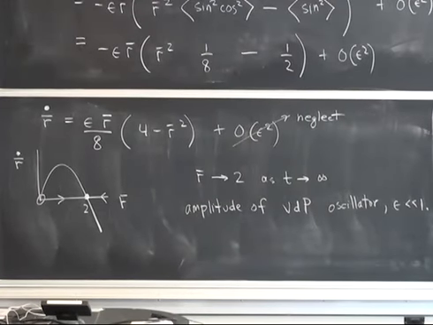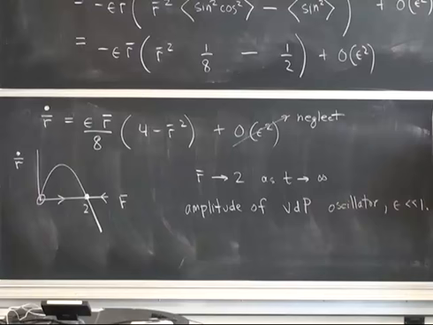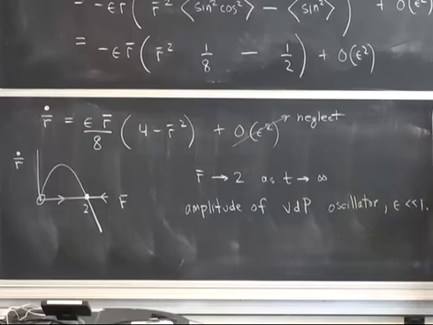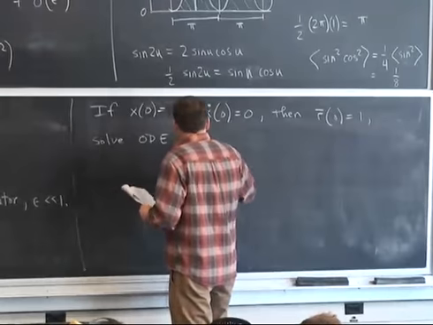So let's just suppose, I'm not going to show the details, but if you want, you could check that if you had, say, x of 0 equals 1 and x dot of 0 equals 0 as an initial condition, then that corresponds to an R bar of 0 equals 1. And you just solve the ODE, which you could do by partial fractions. Solve the ODE for R bar.